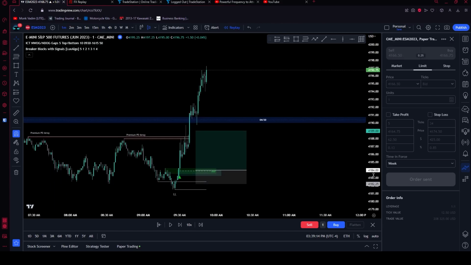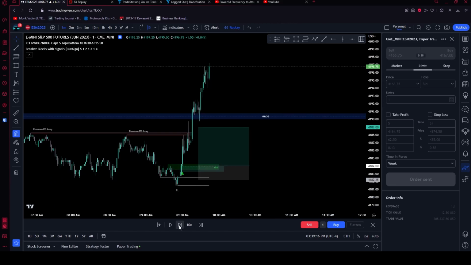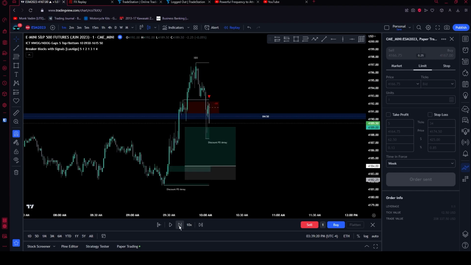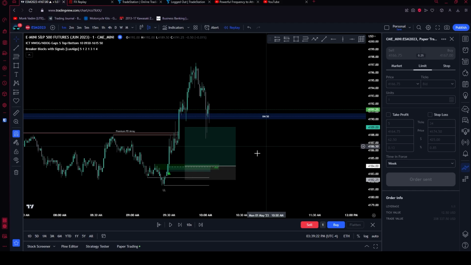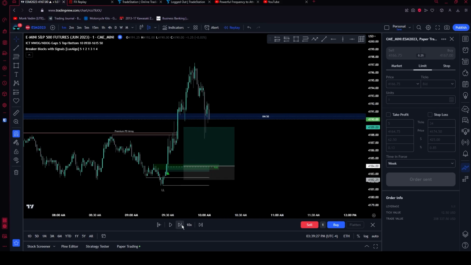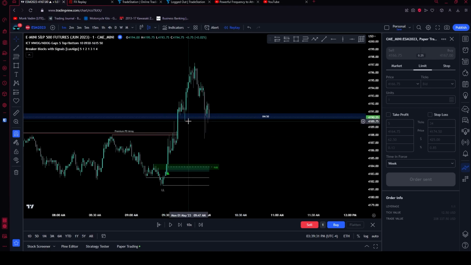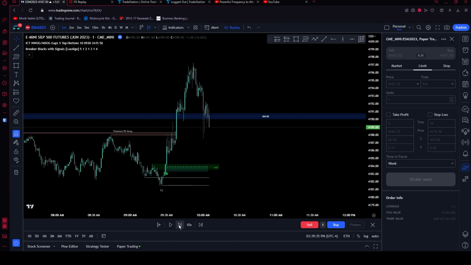I'm going to bring this back down to normal zoom. See, it's wanting to get below this low right here in order to turn bearish on us.